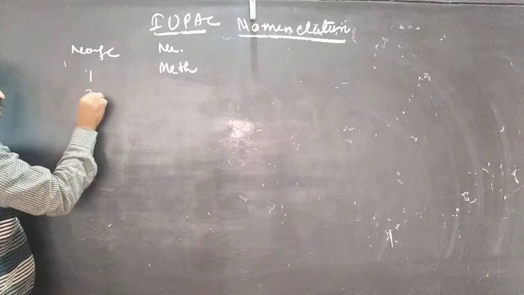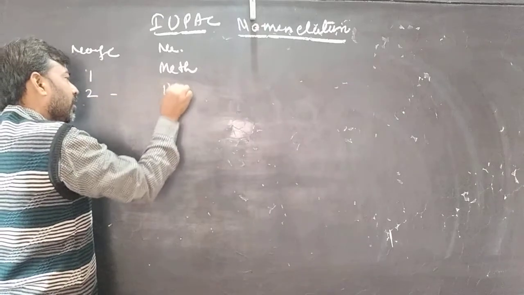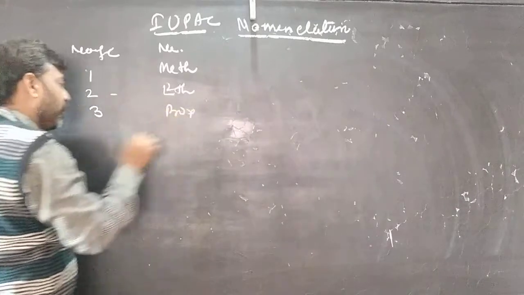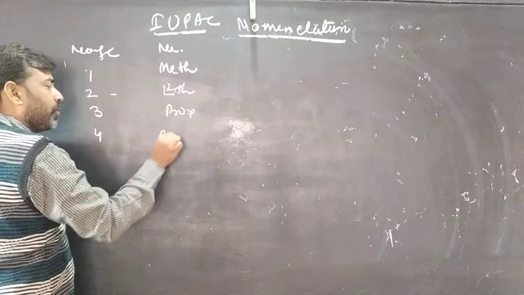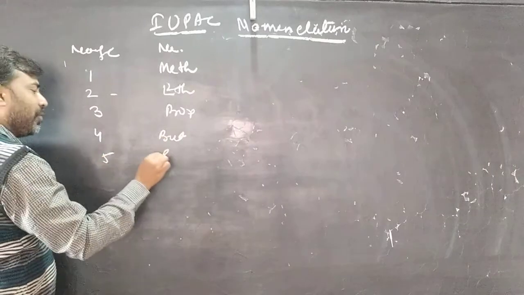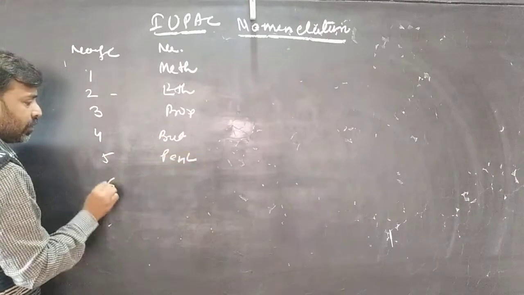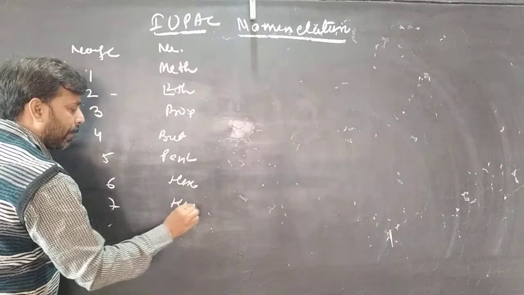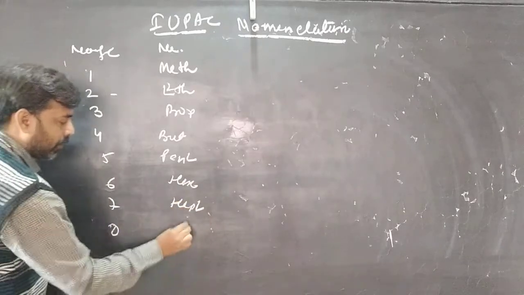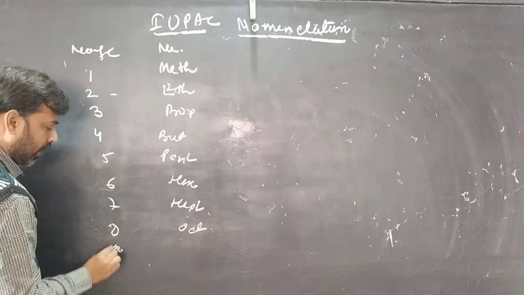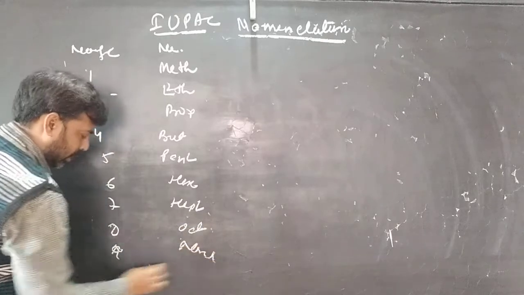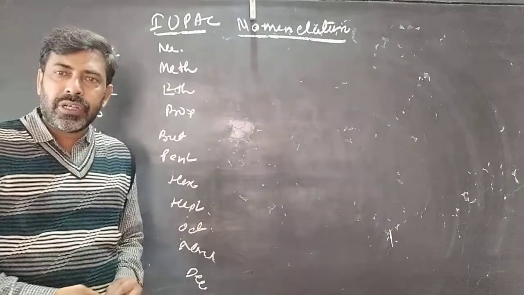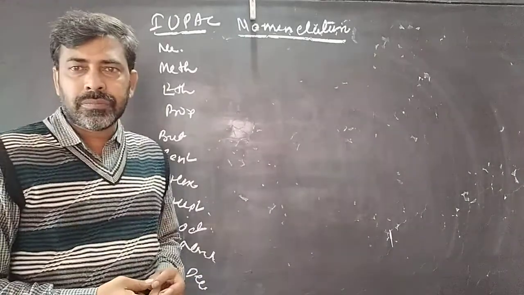If the number of carbons is 2, it is called eth, 3 is prop, 4 is but, 5 is pent, 6 is hex, 7 is hept, 8 is oct, 9 is non, and 10 is dec. This is the name for the different carbons.